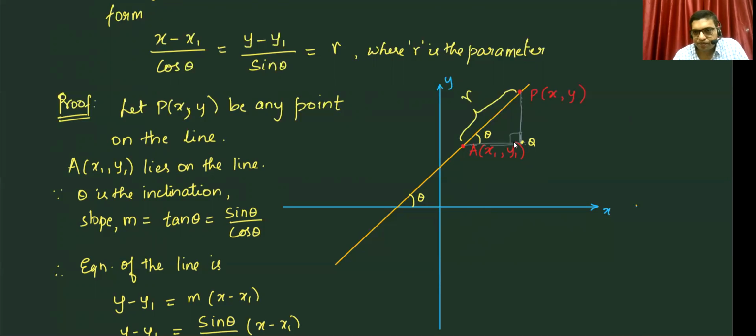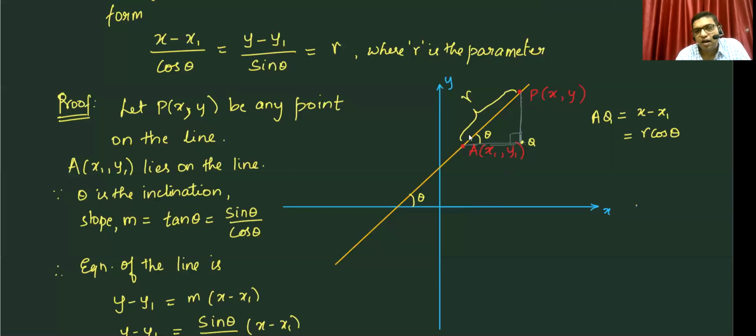So AQ will be x minus x1, because this x coordinate is x and this coordinate is x1. The distance AQ, x minus x1, is equal to r cos theta.